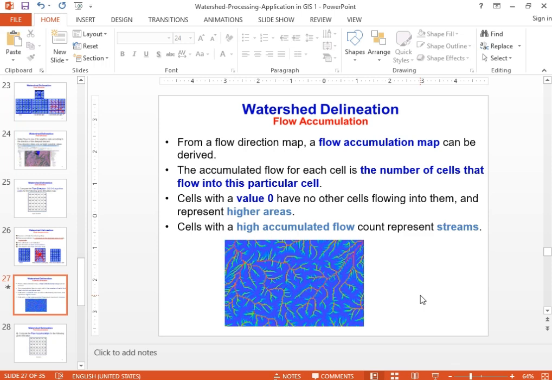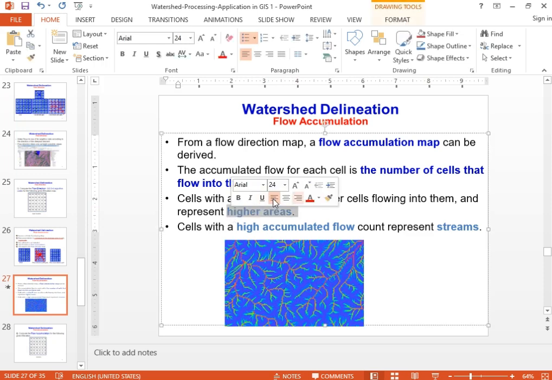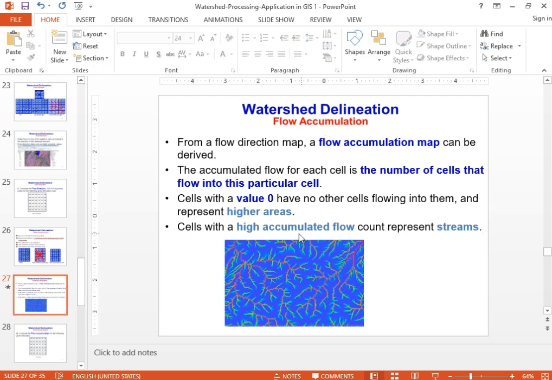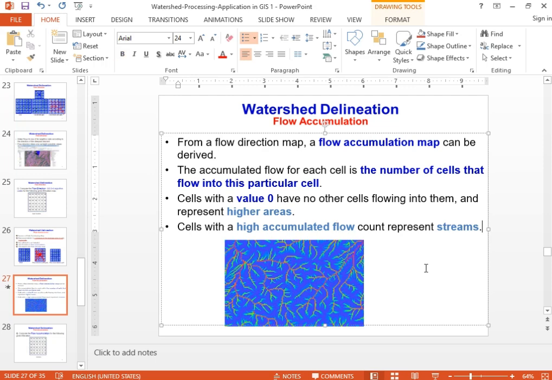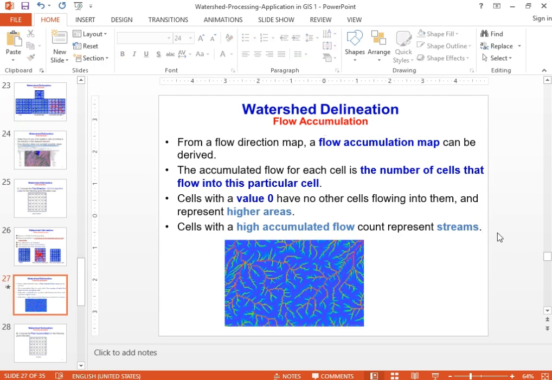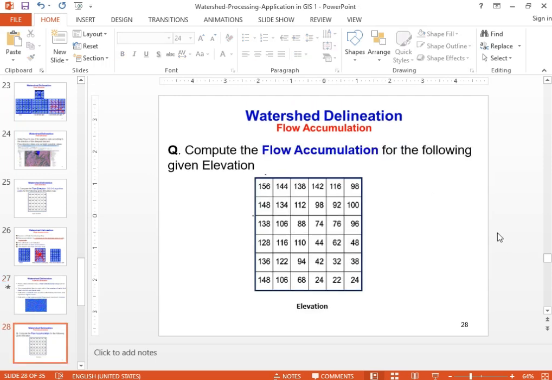Cells with a value 0 have no other cells flowing into them and represent higher areas. Cells with higher accumulation flow counts represent streams, actually the rivers. In a similar way, you can try this for the flow accumulation.